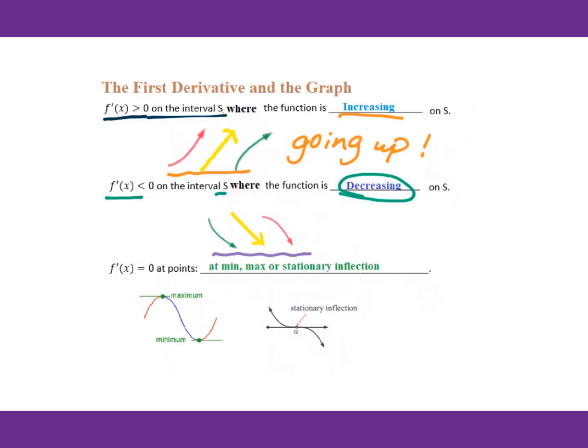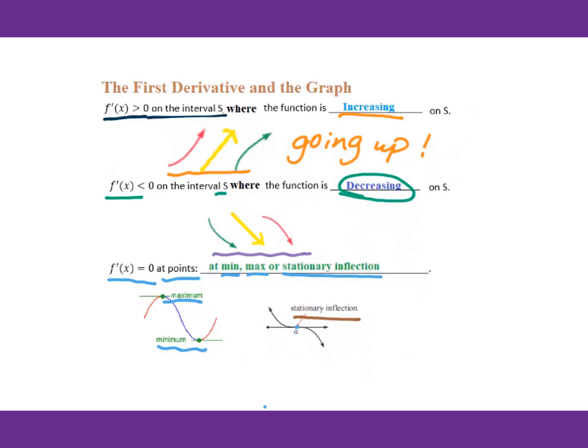Different types of graphs. The first derivative of f of x equals 0 at the following points: either a minimum point like this, a maximum point like this, or a stationary inflection.